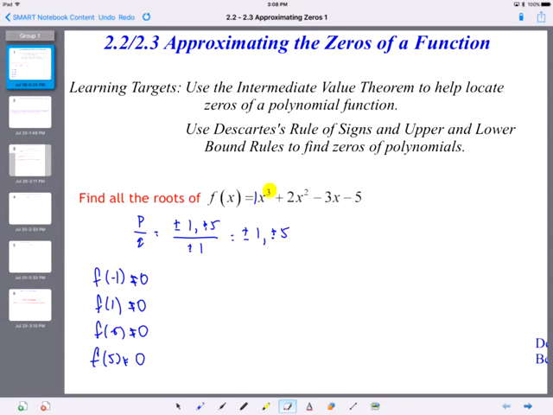Well, maybe what I would look at is, let's do Descartes' rule of signs and see what more information we can get from that. So, we will practice Descartes' rule of signs, and let's look at f of x. Sign changes. We got a positive, a negative, and a negative. So it looks like we only have one sign change.